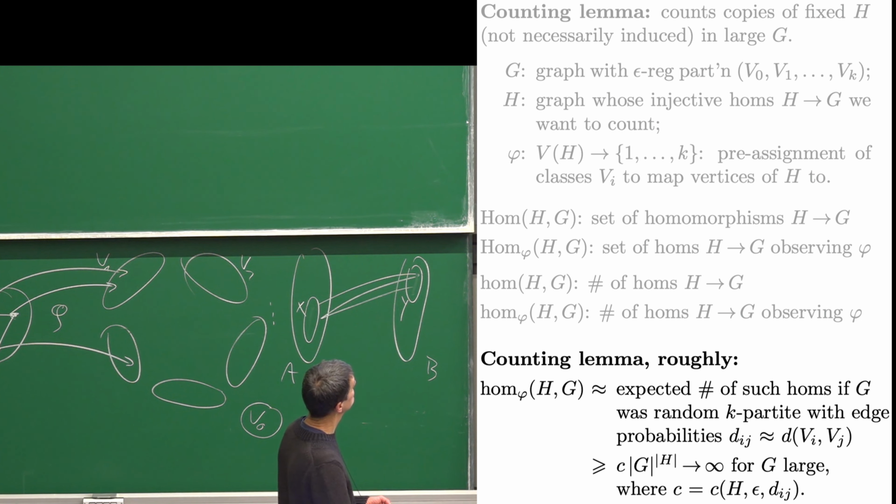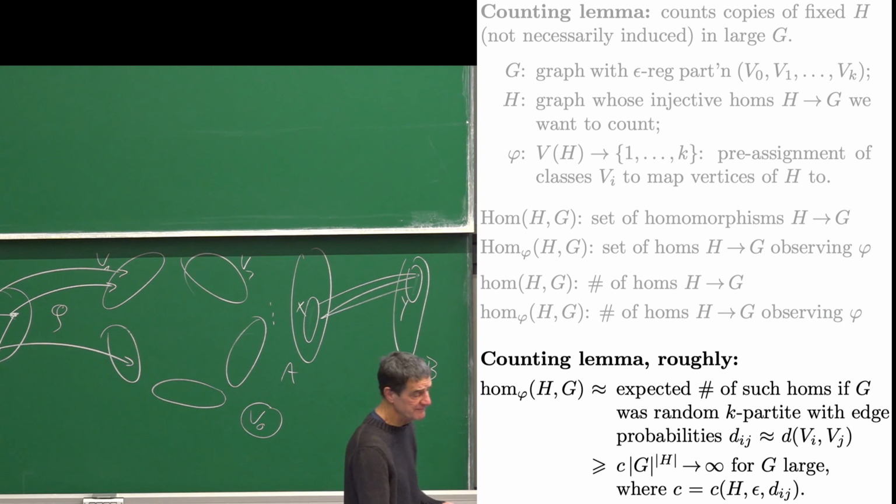And the counting lemma, very roughly, tells us that the number of homomorphisms from H to G that respect a particular given phi, we give ourselves any little phi that assigns partition classes, then we count the number of homomorphisms that respect that.